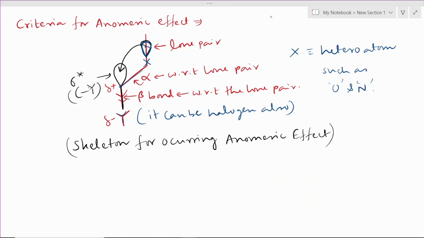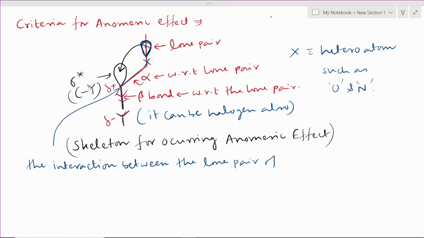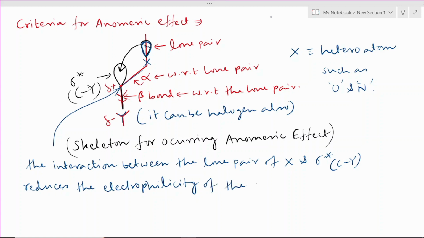It actually decreases the electrophilicity of this carbon. So the interaction between the lone pair of X and sigma star of C-Y reduces the electrophilicity of the carbon attached to Y. Thus, it stabilizes the system.